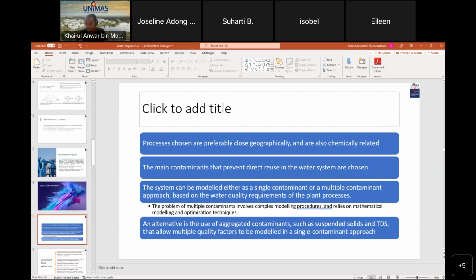However, there's a problem with multi-contaminant, which involves a complex modeling procedure and relies on modeling and optimization techniques.